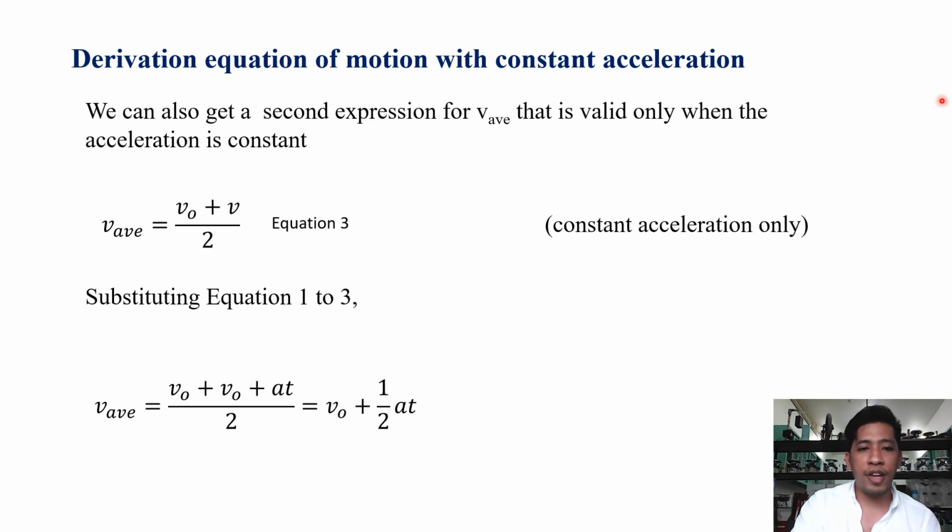We have your v average is equal to v0 plus v0 plus at over 2. This is just 2v0 plus at over 2, or your v average, simplifying, is equal to v0 plus 1/2 at. And we'll refer to this one as equation 4.